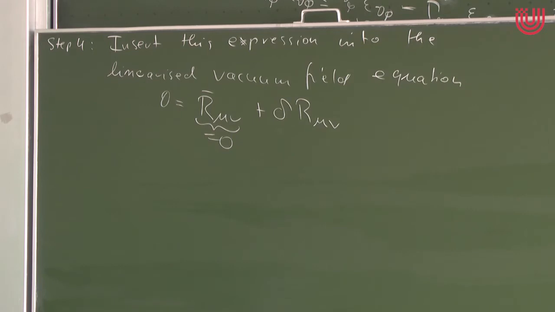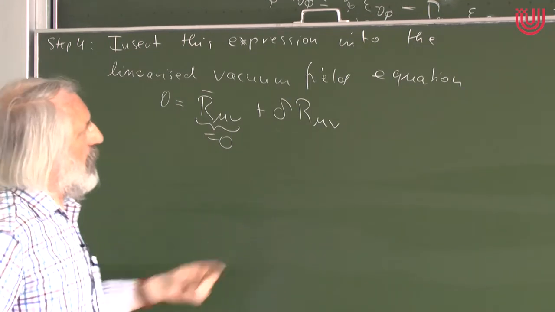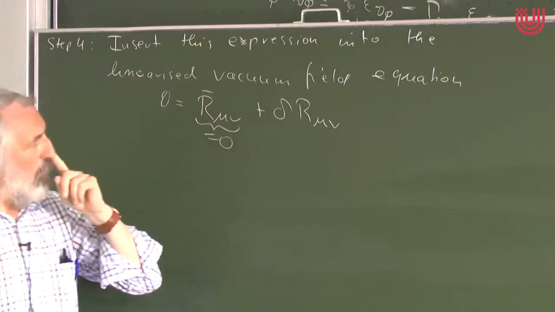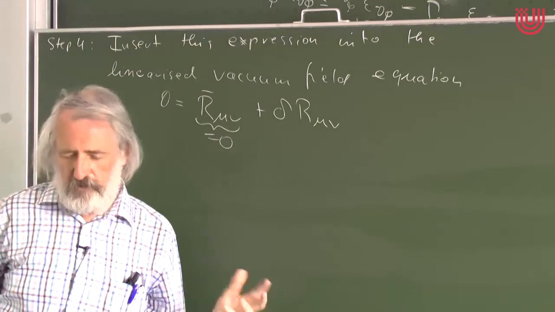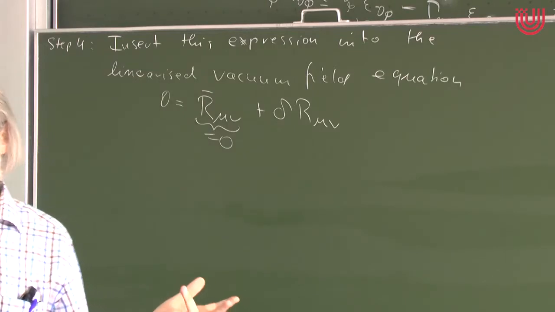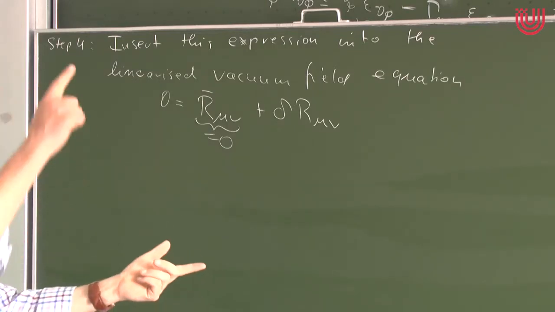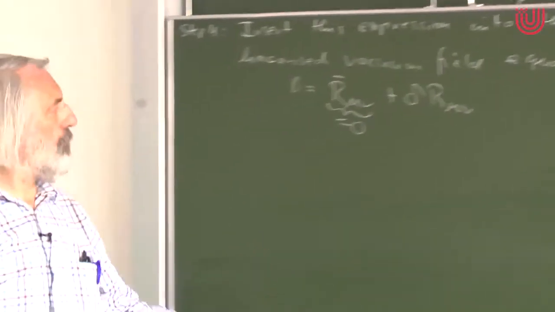how many equations do we get? Basically it's 10 equations, right? Mu and nu take on 4 values. A 4x4 matrix, which is symmetric, has 10 independent components: 4 in the diagonal and 6 in the upper right-hand corner. And we have a fairly high symmetry, we have spherical symmetry, and we have staticity.